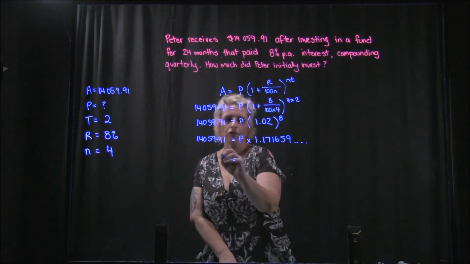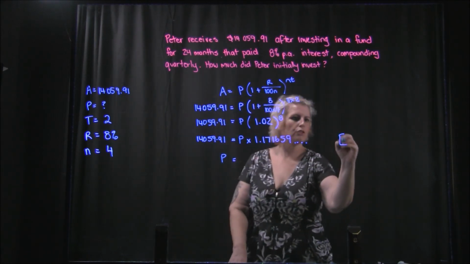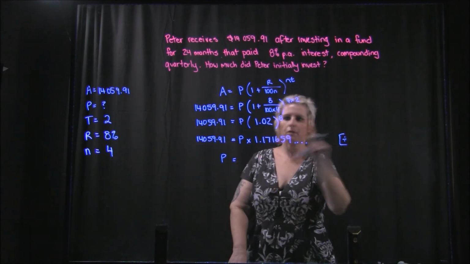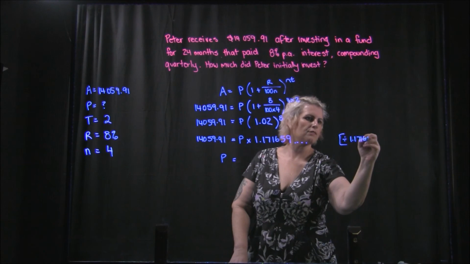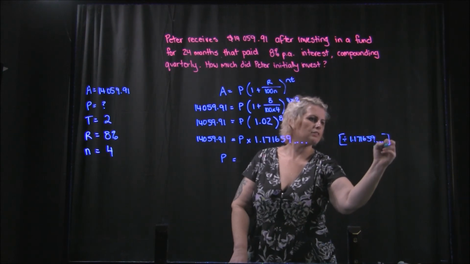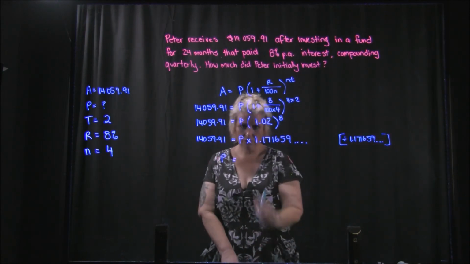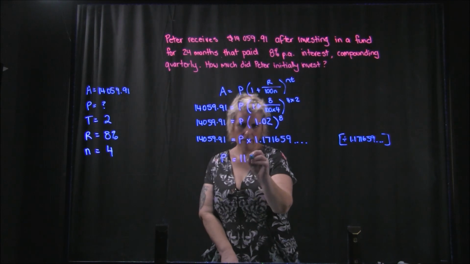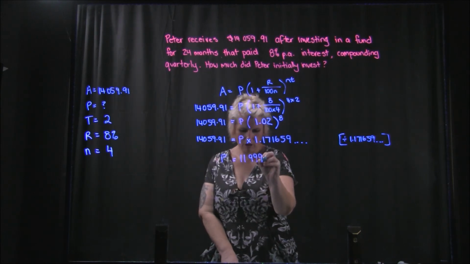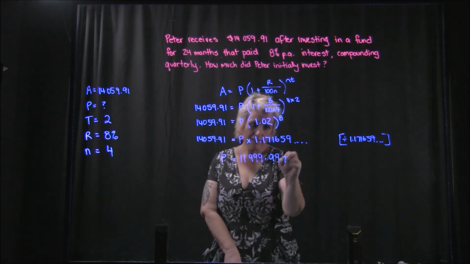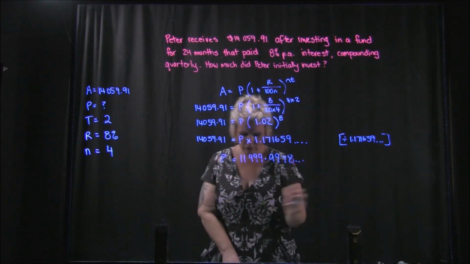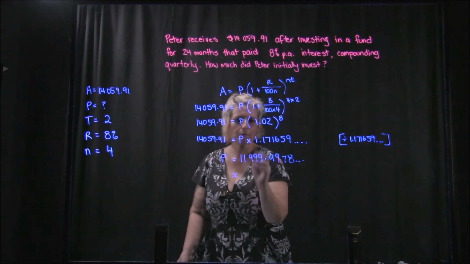So to get P on its own, because I'm multiplying by this number, I'm just going to divide by 1.171659 and its continuation. So if I then divide by that number, I get 11,999.9978 and it continues. So what we're going to do is round that.